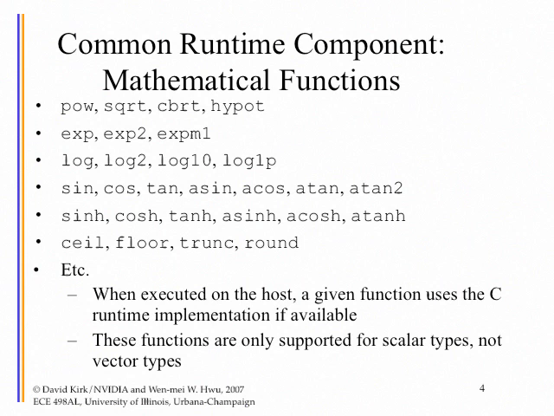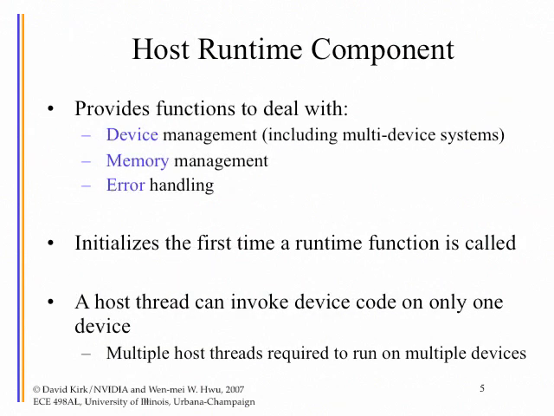So there's some host runtime component that provides functions to do device management. Sometimes you will have multiple GPU cards in one host, so you need to be able to manage multiple of these GPUs, and the host runtime does that for you. You need to be able to allocate memory.